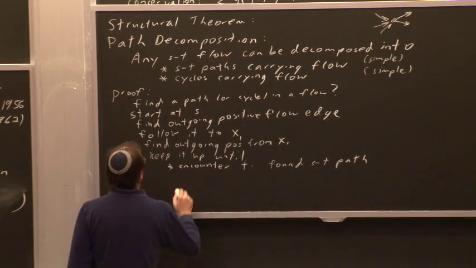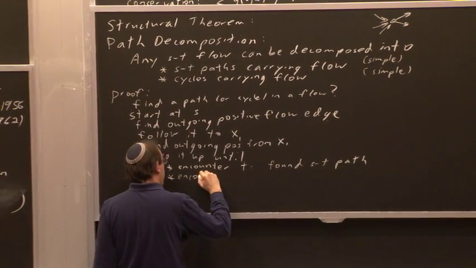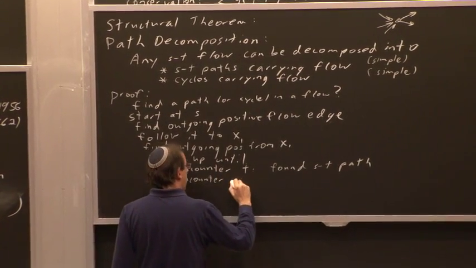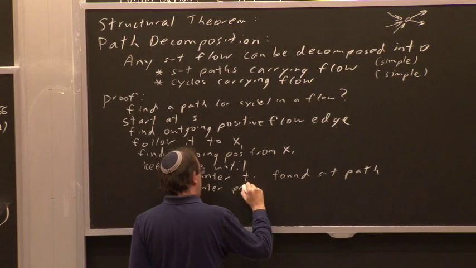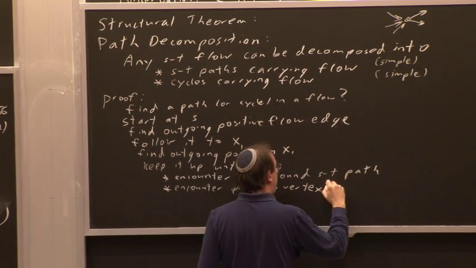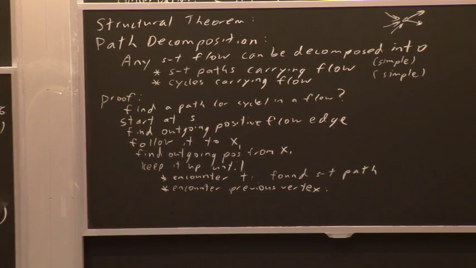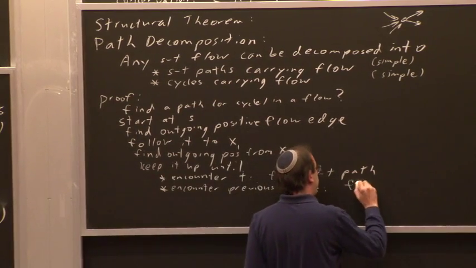On the other hand, as you pointed out, another possibility is that I encounter a previously encountered vertex. So what do I declare if I encounter a previously encountered vertex? That's a cycle.